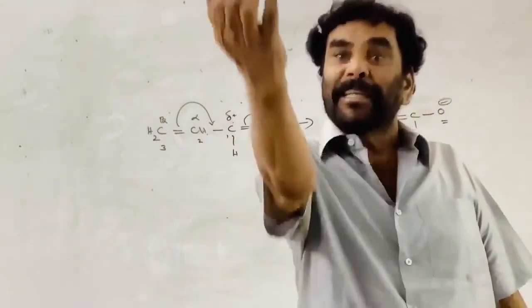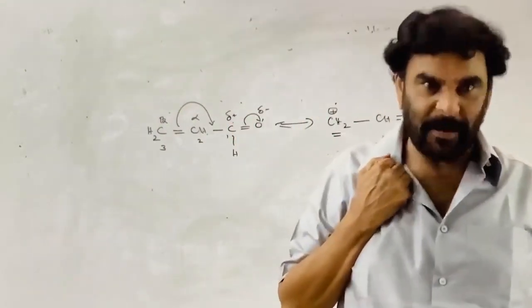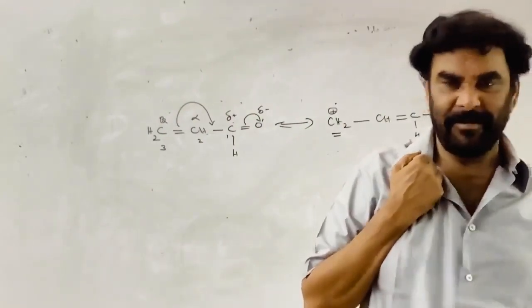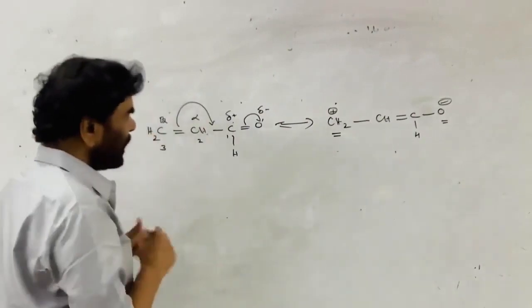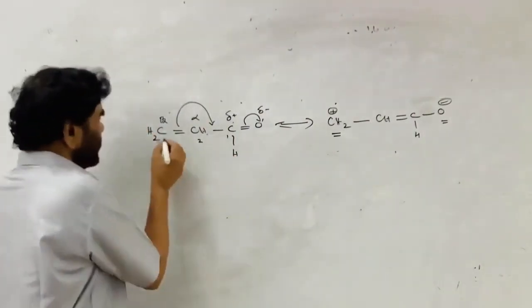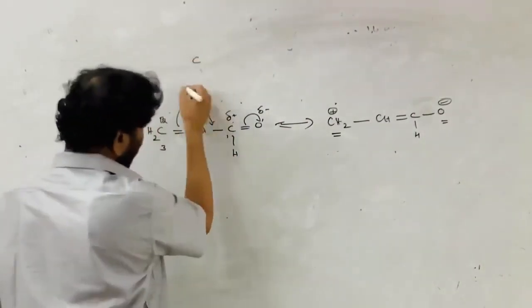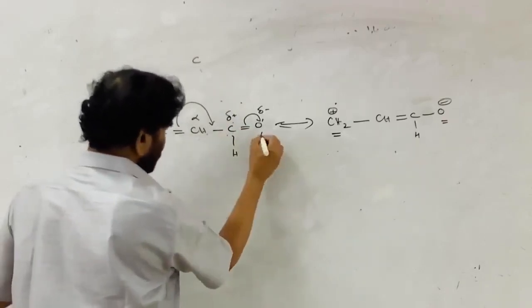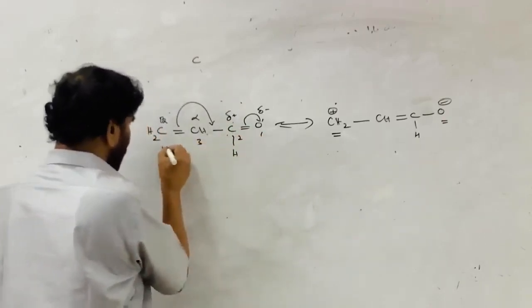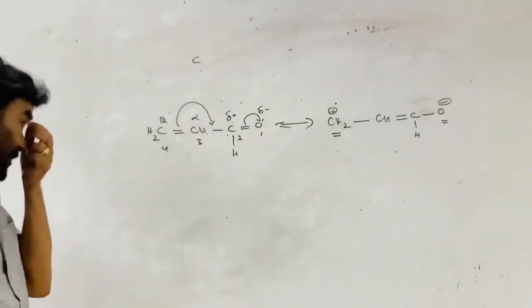The species which takes the electrons is the electrophile. So there are two electrophilic centers, this carbon and this carbon, the C2 carbon and C3 carbon. This is 1, this is 2, this is 3, for our convenience.